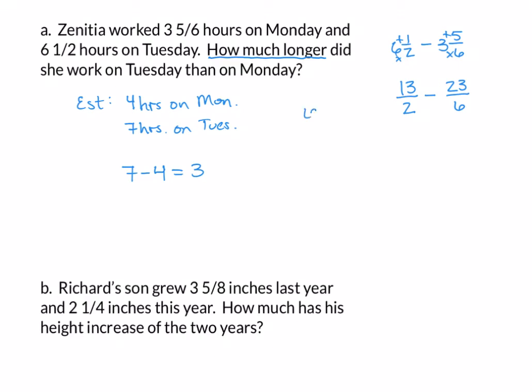We need an LCD. The smallest number divisible by 2 and 6 is 6. The first fraction, in order to get from 2 to 6, we want to multiply by 3. Again, we're going to do it to top and bottom. So we get 39 over 6 minus, second fraction can stay the same.